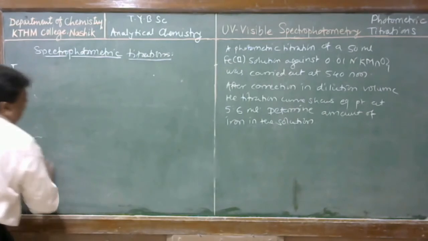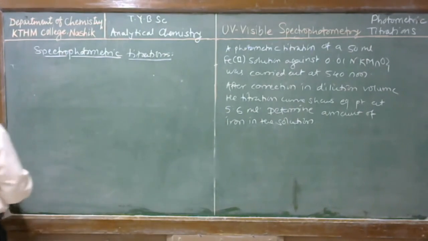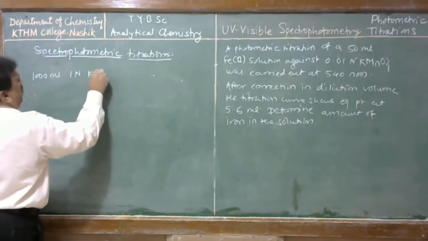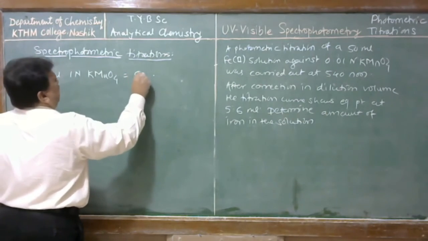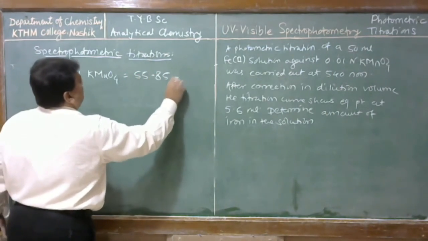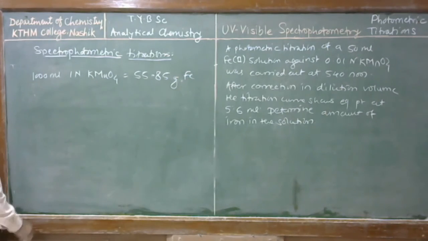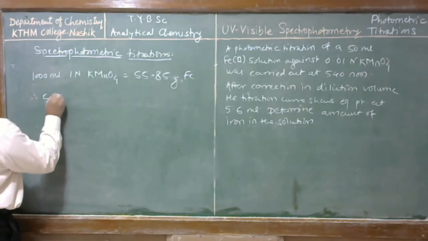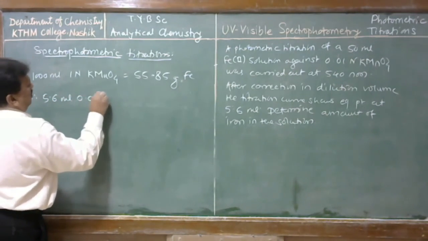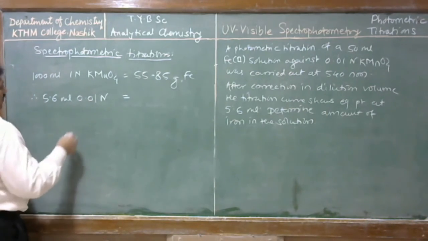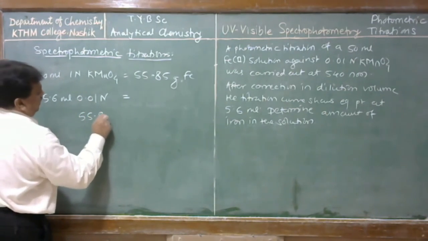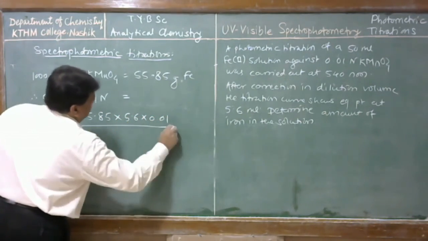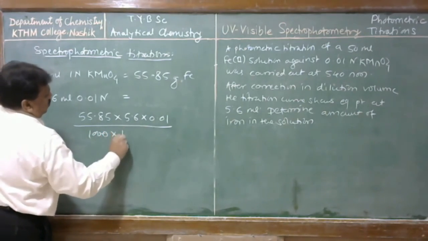sample solution. We know the stoichiometric relationship, that is 1000 ml 1 normal KMnO4 is equal to 55.85 gram of iron. Therefore in this case volume required is only 5.6 ml, 0.01 normal, and therefore amount of iron in this case is 55.85 into 5.6 into 0.01 divided by 1000 into 1.